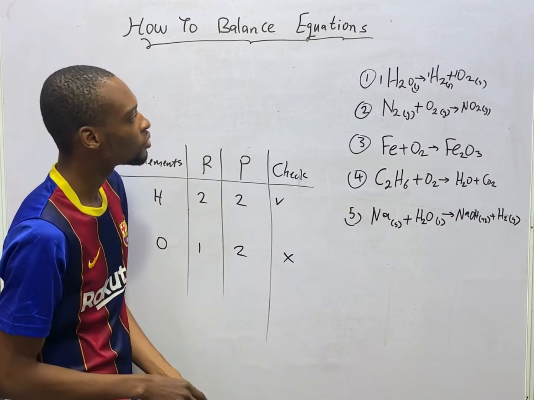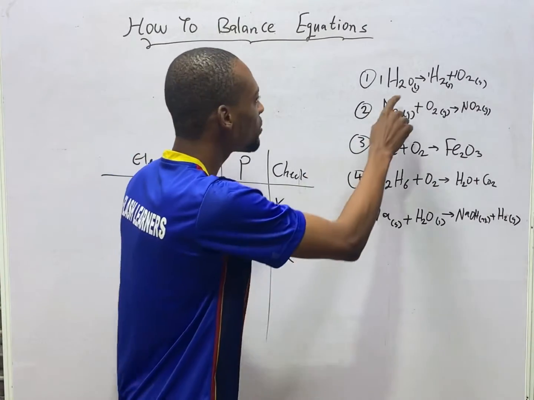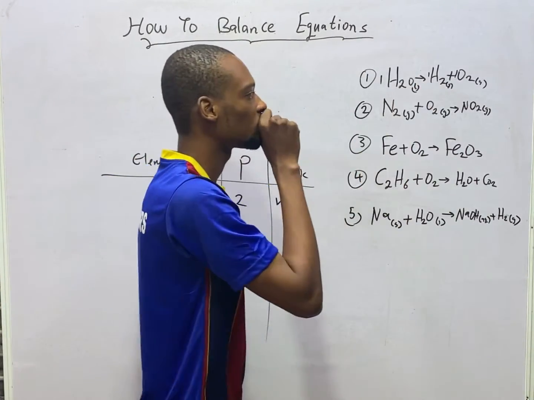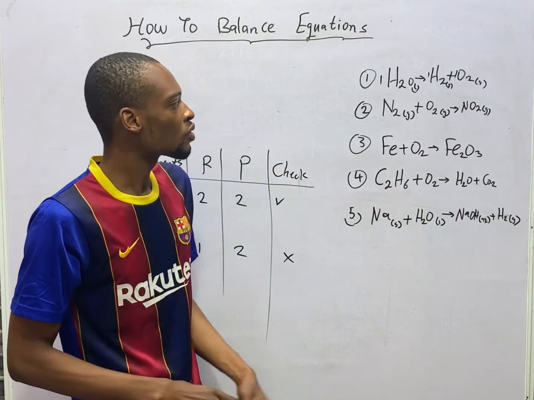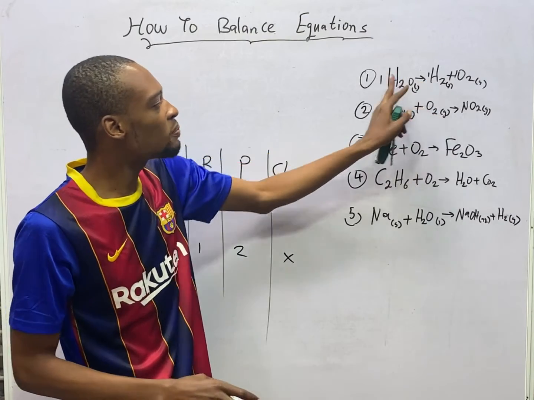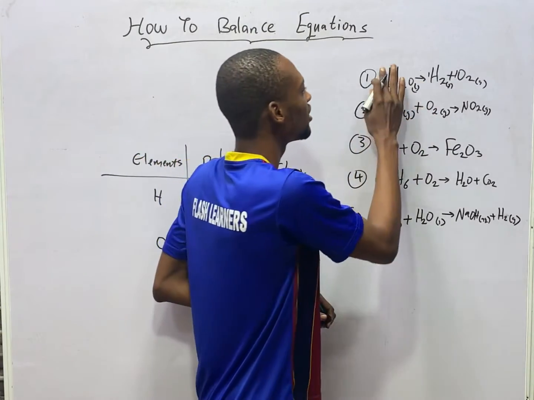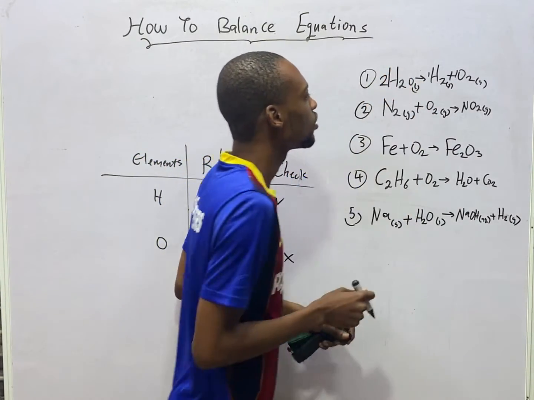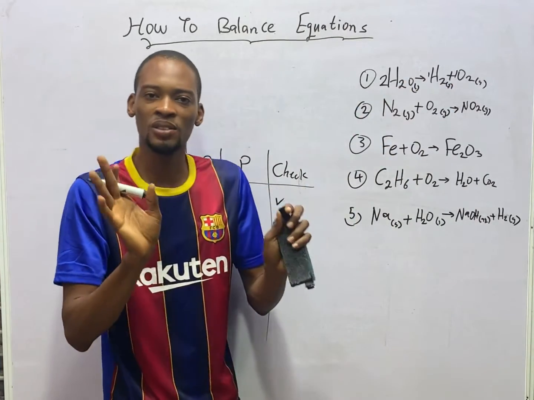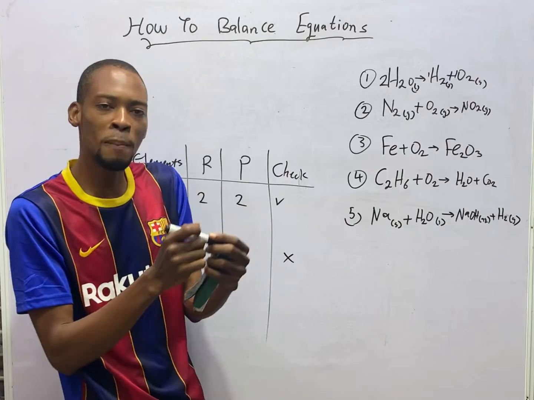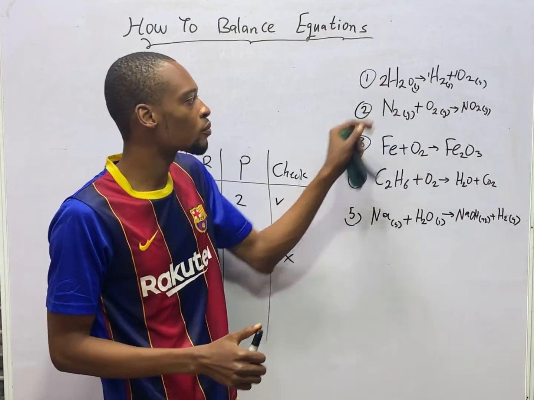So what do we do? How do we make this oxygen 2? What do you think we should do to make it 2? To make oxygen 2, we simply come here to say, okay, let here be 2. Don't add to the ones under. The ones under, don't affect it at all. Leave it the way it is. If you're adding numbers, let it be here.